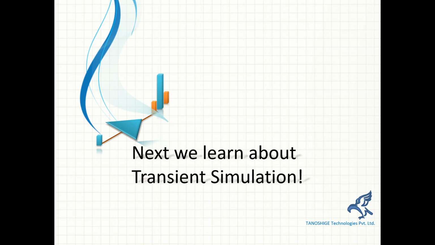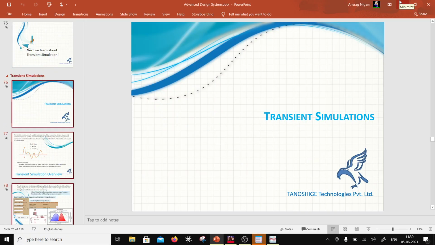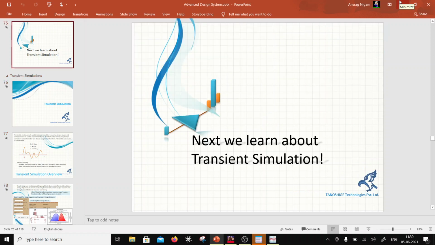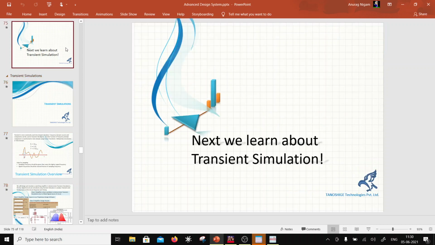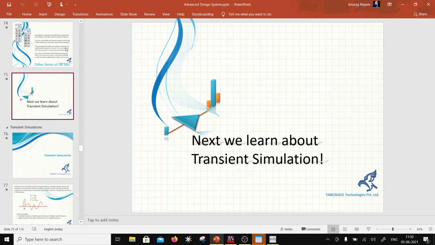Okay, so let's do that. We have already covered transient simulation earlier when we did slew rate for the op amp, right? So you can also look at another example. Okay, so let's go ahead and do this.